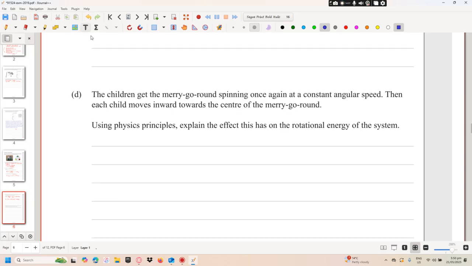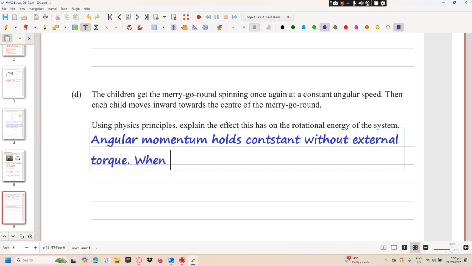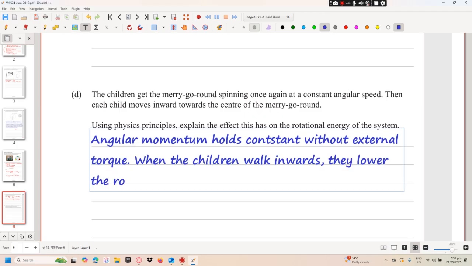Oh yes, it's the rotational inertia question. Okay, angular momentum holds constant without external torque. When the children walk inwards, they lower the rotational inertia of the system.